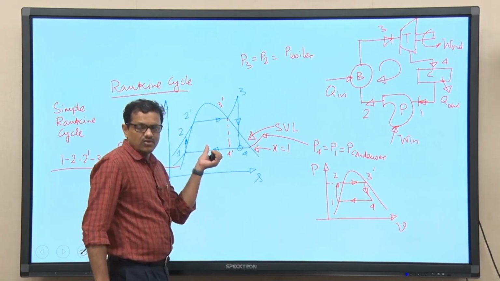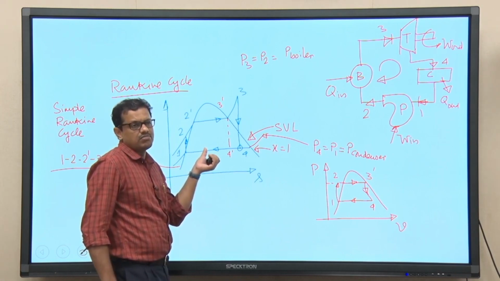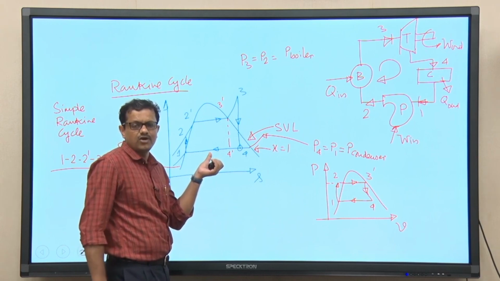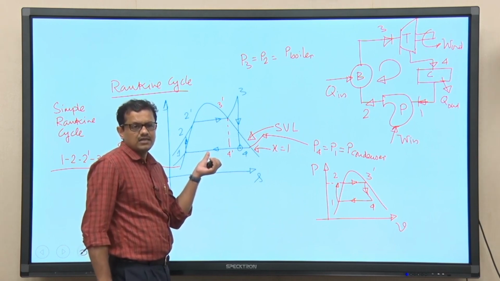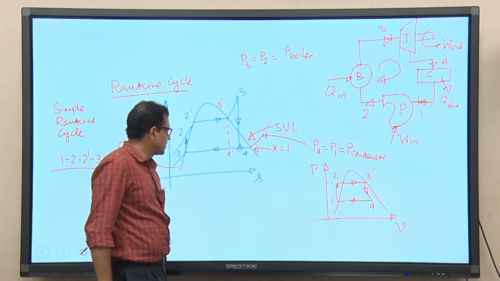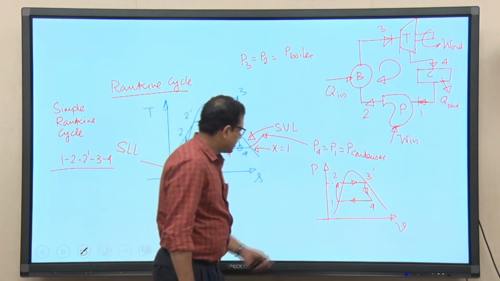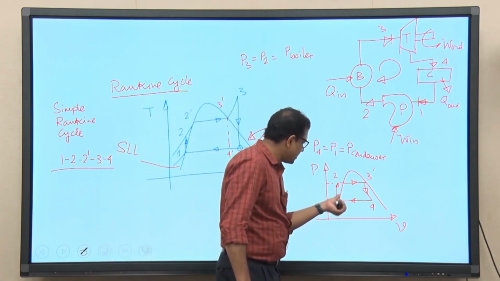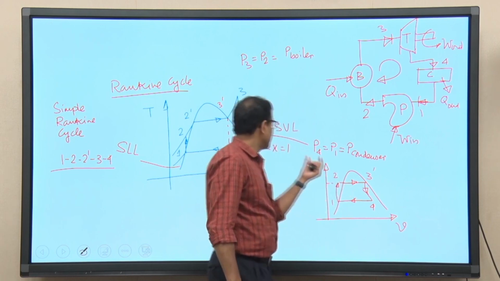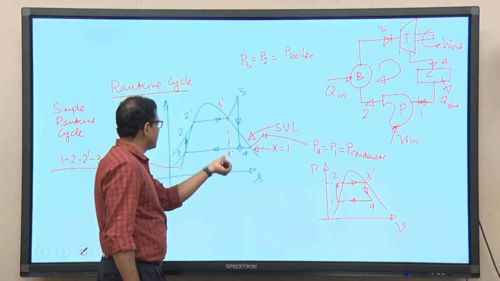As I told you, handling two phase mixture needs higher power consumption, because the specific volume of vapor is higher than the specific volume of the liquid at any given temperature or pressure. So, here we have drawn the PV diagram of the simple Rankine cycle, that is 1, 2, 2 prime, 3 and 4.